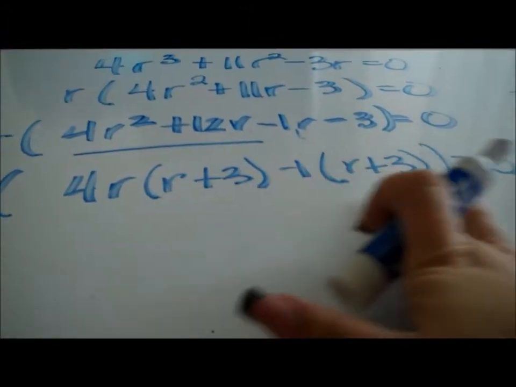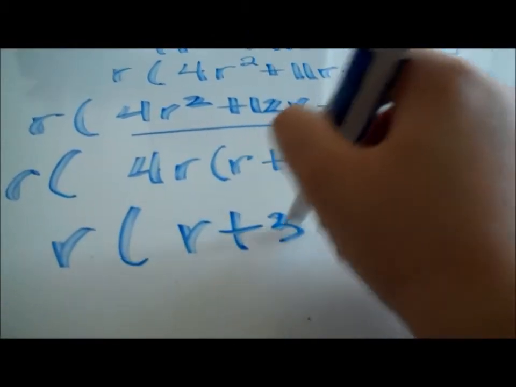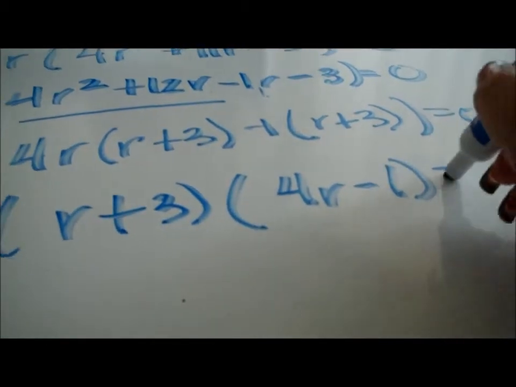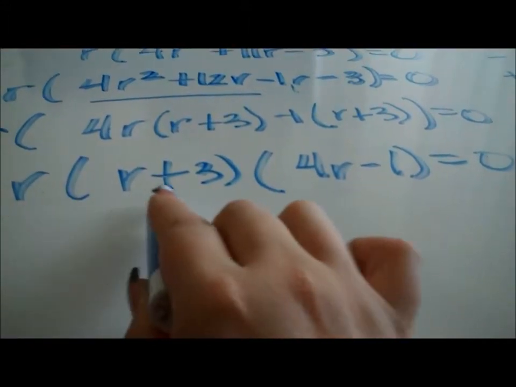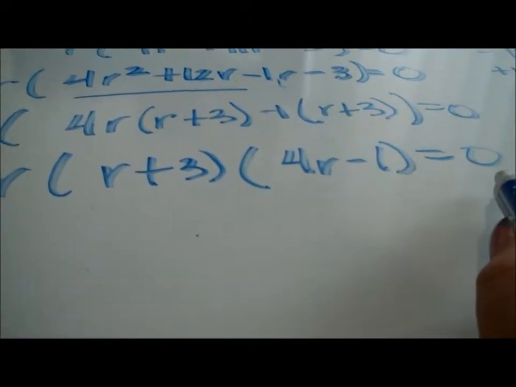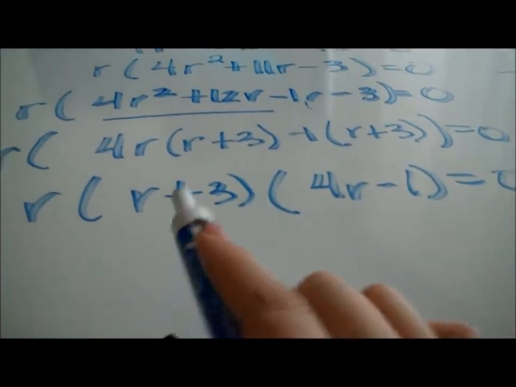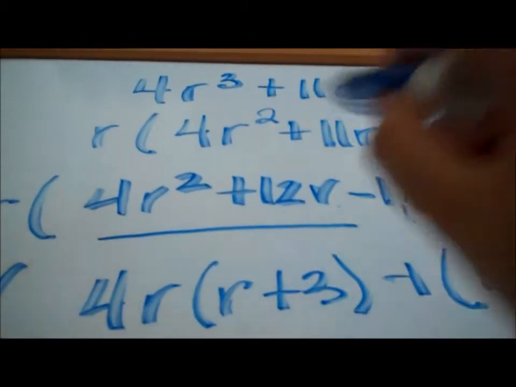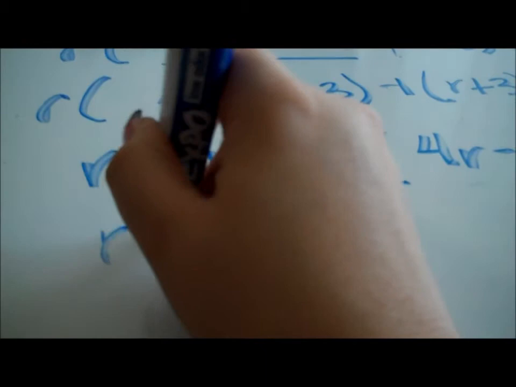Okay, here we notice that we have a GCF of r plus 3, so I'm going to factor out an r plus 3. My leftovers are 4r minus 1, and that is all equal to 0. So notice here I have r plus 3, and I have 4r minus 1. I need to set all 3 of these things equal to 0, which is good because again we start out with a cubic function, which means there should be 3 answers for this. So I get r equals 0.